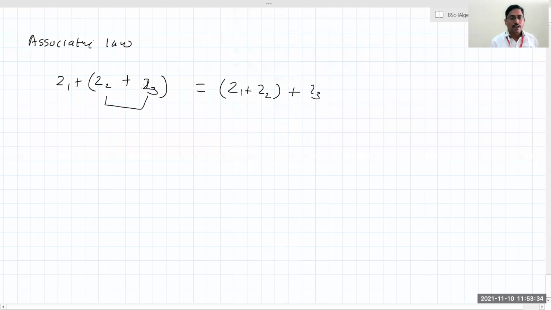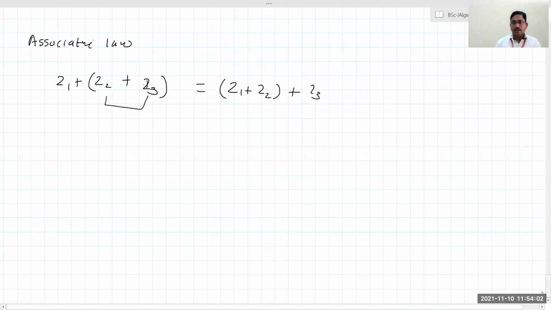So Z2 and Z3 are added first and then Z1 is added, or Z1 and Z2 are added and then Z3 is added. It is one and the same. That is association of any two, but the order is fixed. If the order is Z1, Z2, Z3, it is only a shifting of brackets. Either you put the bracket on the last two terms or the first two terms, it will be the same. That is called the associative law.